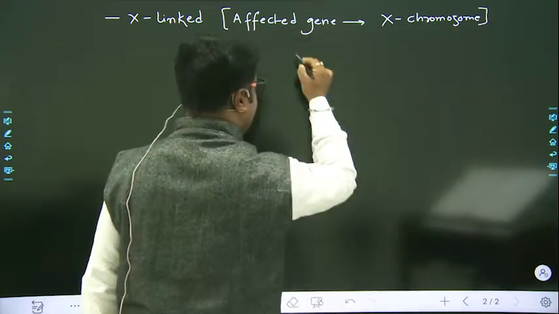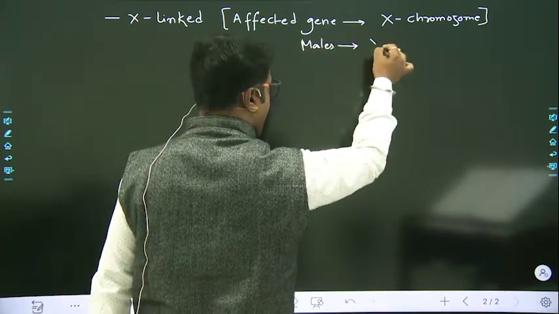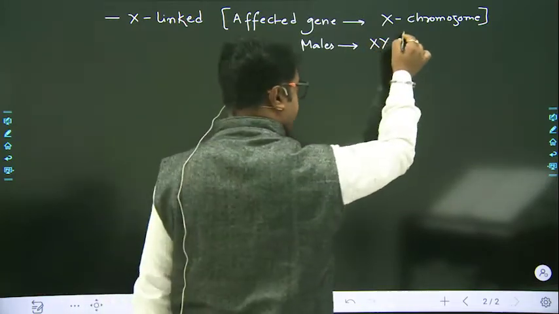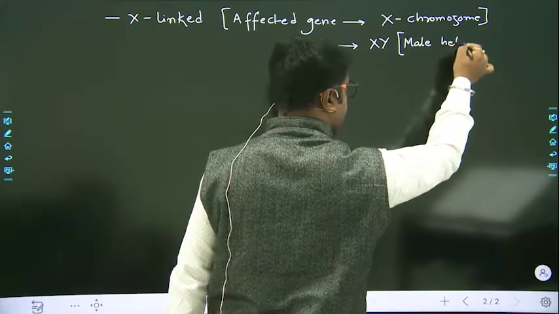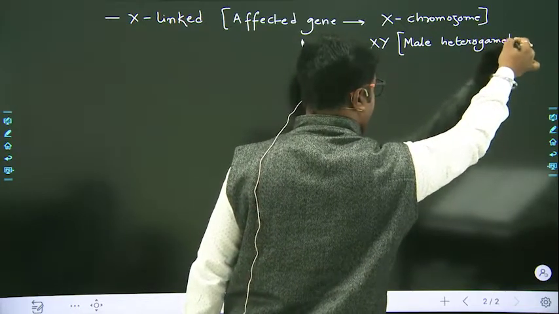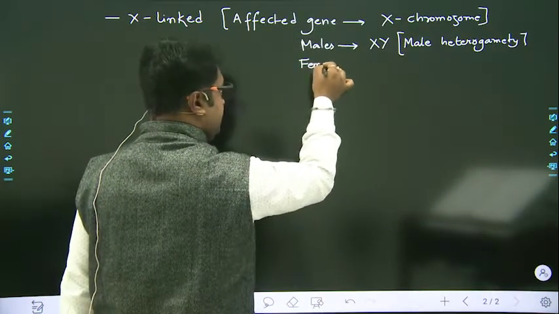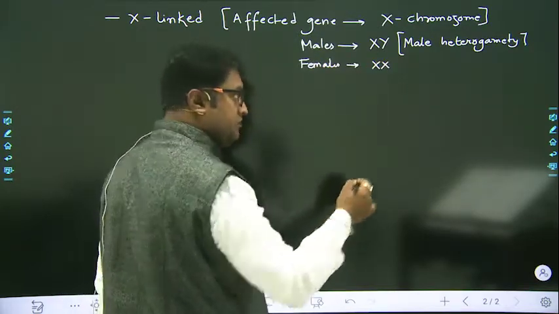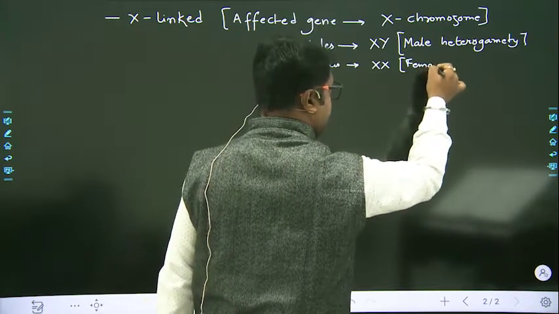We know that males have only one X chromosome, whereas the other is the Y, because of male heterogamety. Whereas females have two copies of the X chromosome, so we can say this is female homogamety.